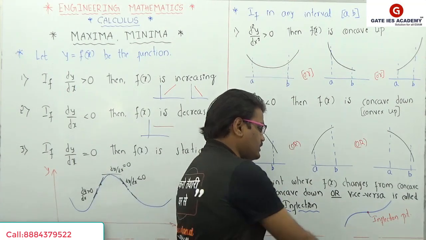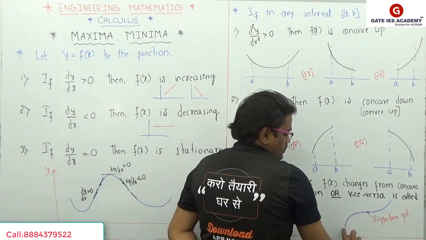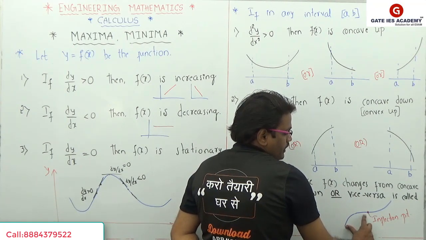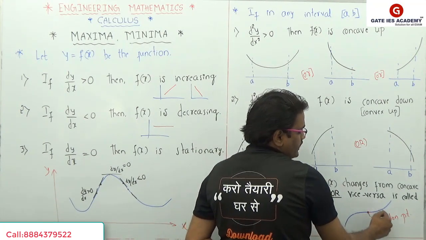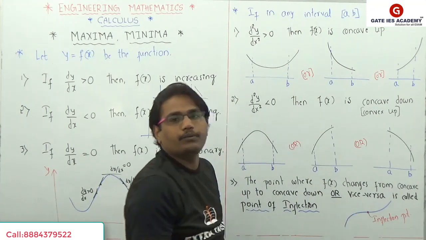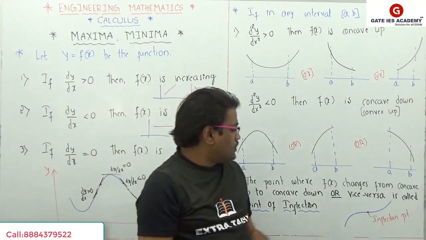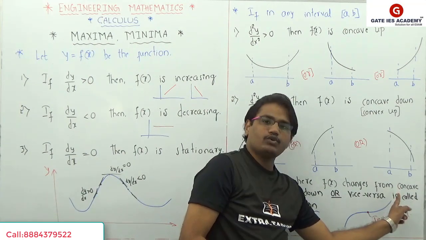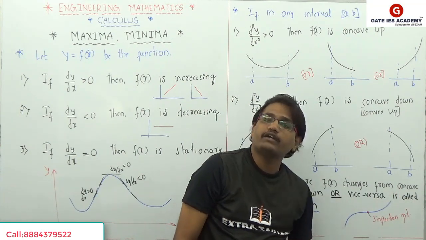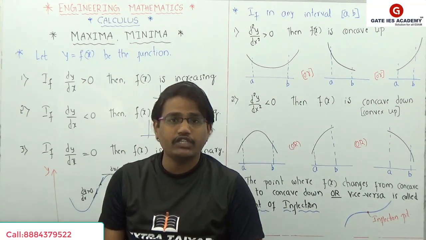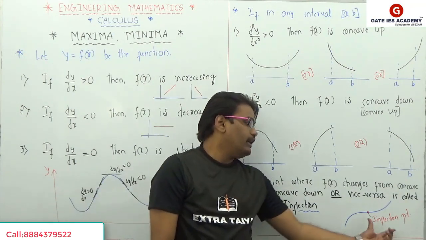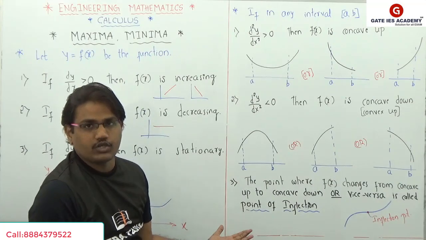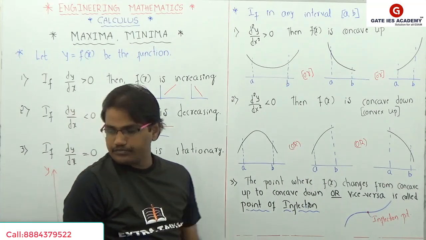Here you can see the curve is convex in this zone, and after this point the curve is concave, correct? Until here it is convex, but from this point it is concave. That point is known as the inflection point or the point of inflection, right?